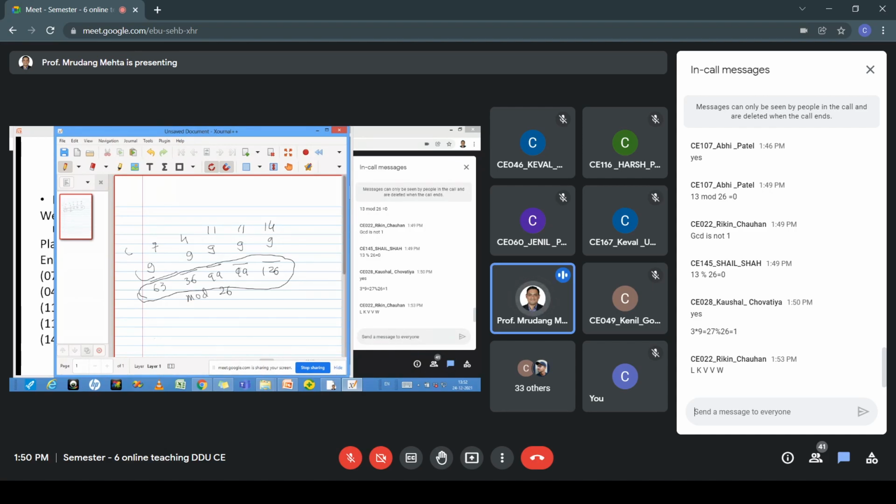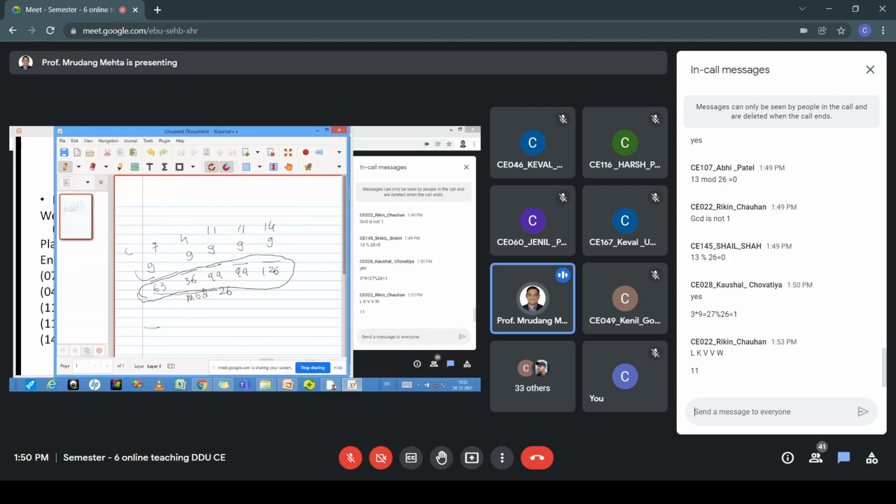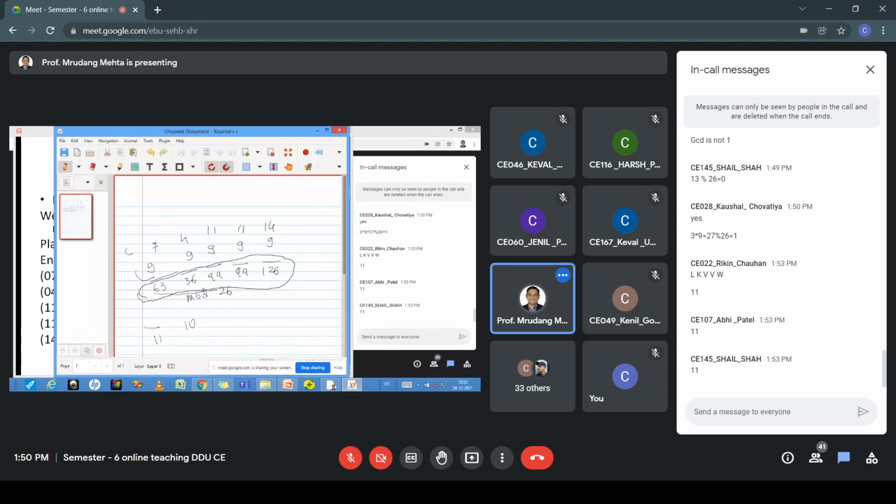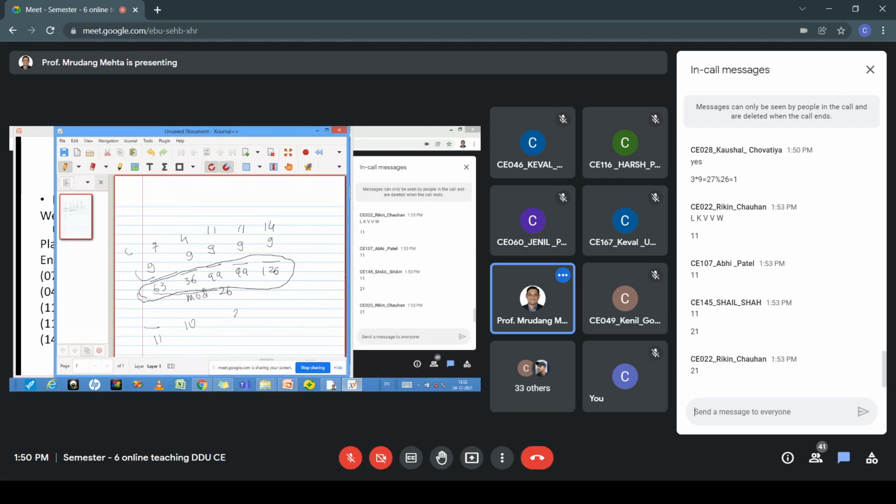So what values are you getting? What is the answer of 63 mod 26? 63 mod 26, 11. 36 mod 26, 10. 99 mod 26, 21.